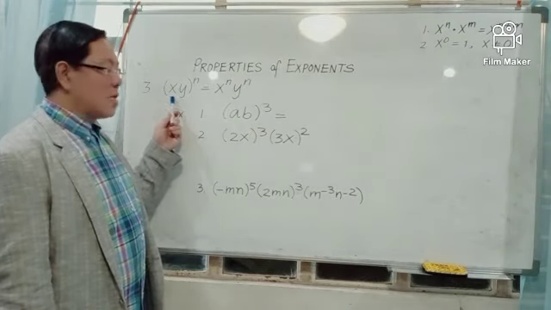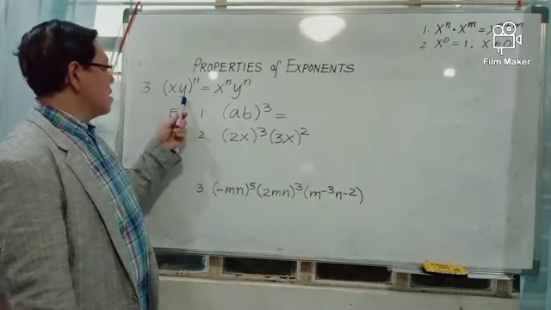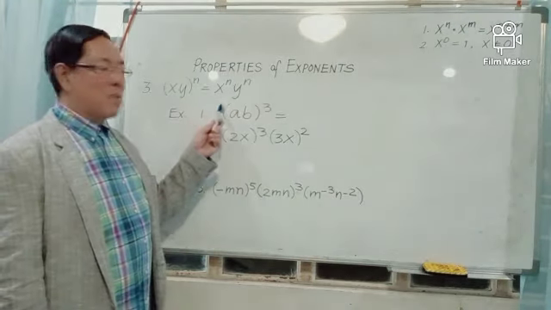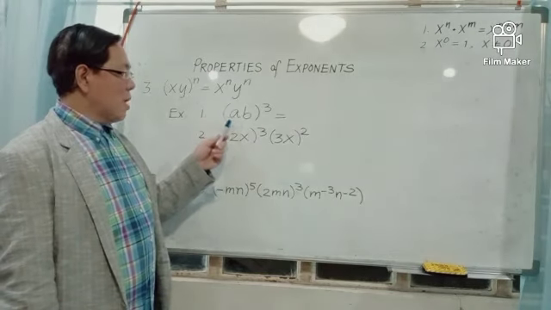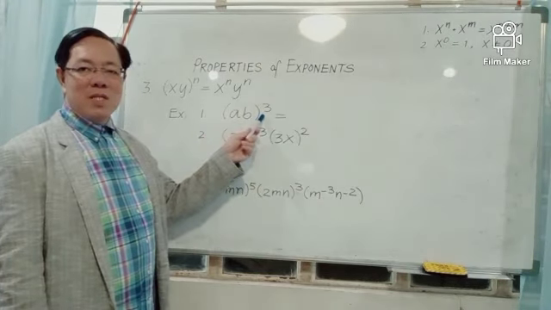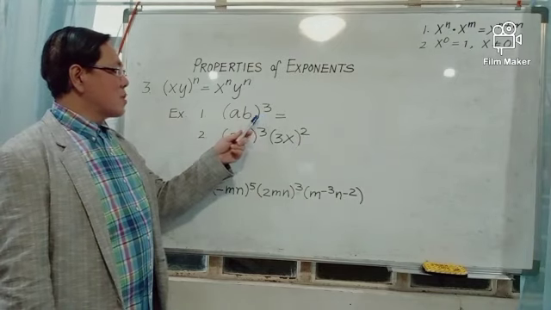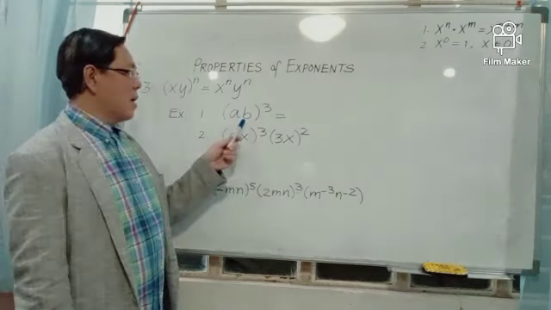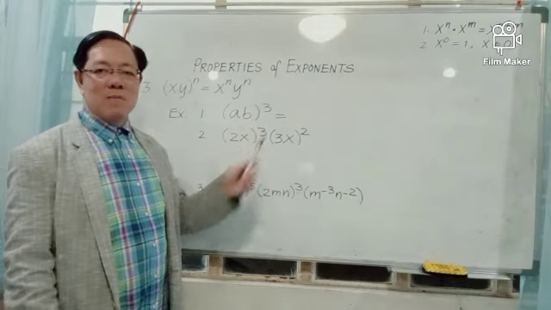In this property, our x is a and our y is b. By this third property of exponent, ab to the power 3 means that you multiply a to the power 3 by b to the power 3.